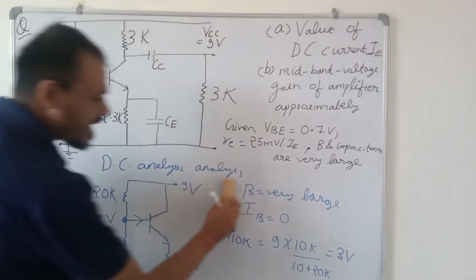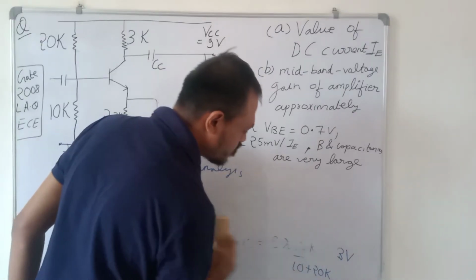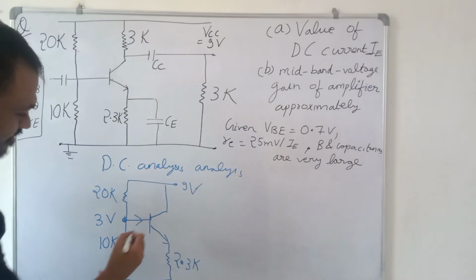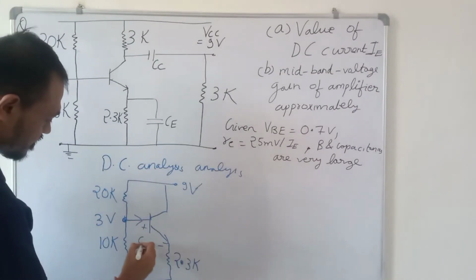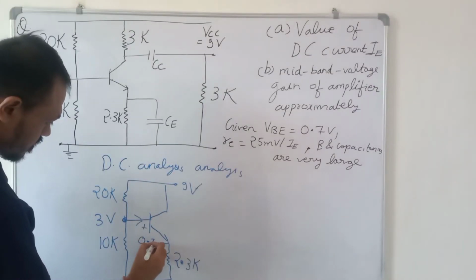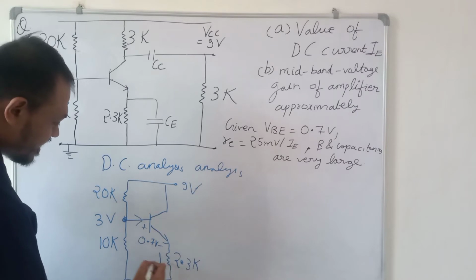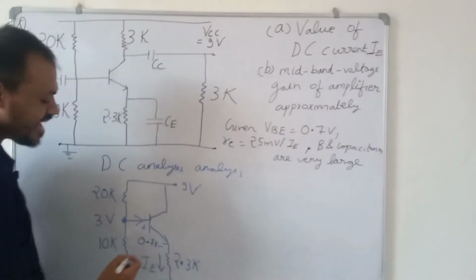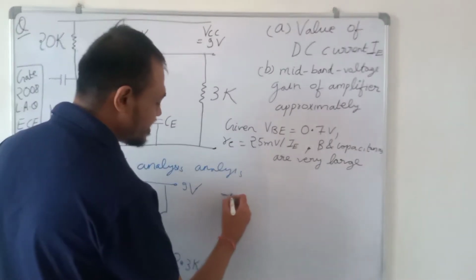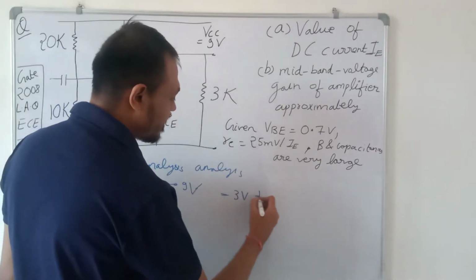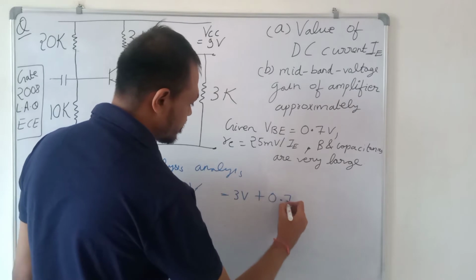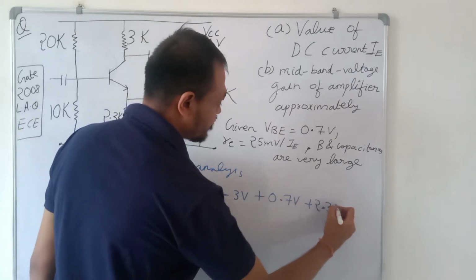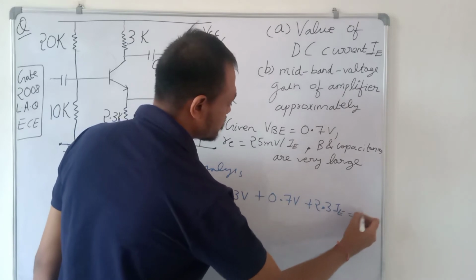Now we can easily apply the KVL in the base emitter loop. This voltage is 0.7 volt, and this is the emitter current IE. So now applying KVL in the base emitter loop: minus 3 volt plus 0.7 volt plus 2.3k into IE is equal to 0.